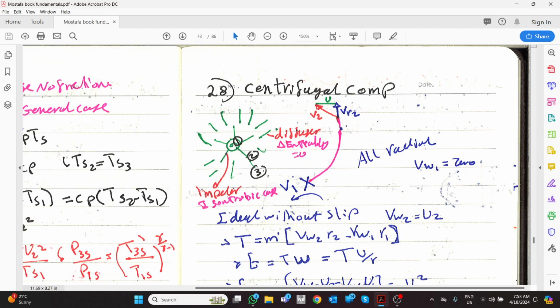What has happened is air enters from the middle, goes to the impeller, which rotates and gives kinetic energy, and it changes from kinetic energy to potential energy in the diffuser, then goes out again to the outside.